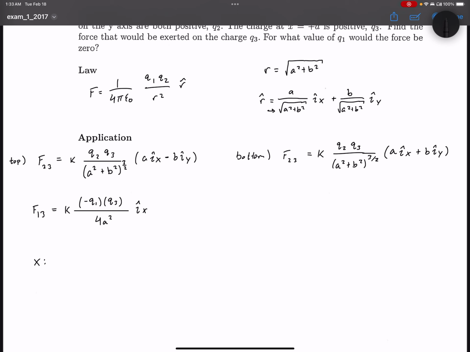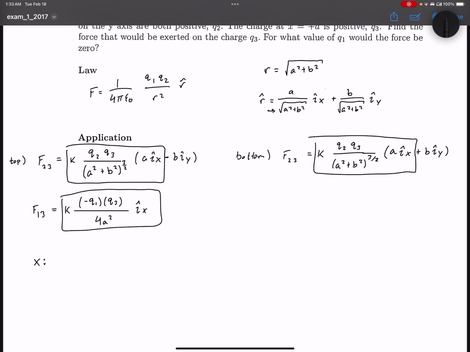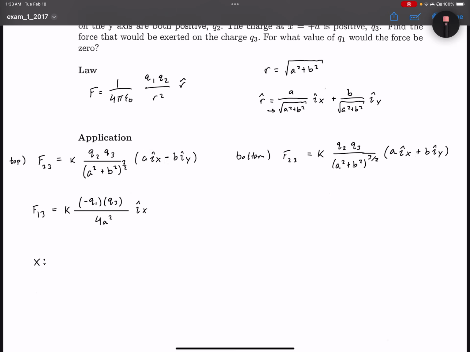So in the X direction, if we add all these forces up, the X component of these forces, and what I'm saying by that is only adding this to this to this, neglecting the Y component. And so that's what we're going to do.